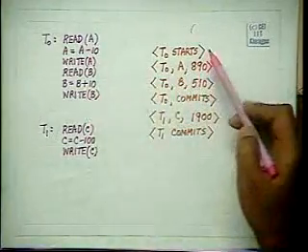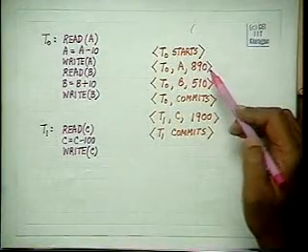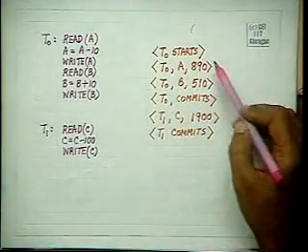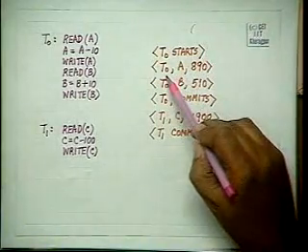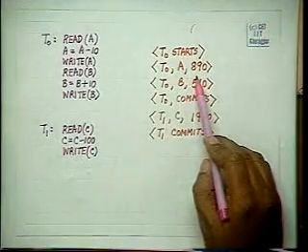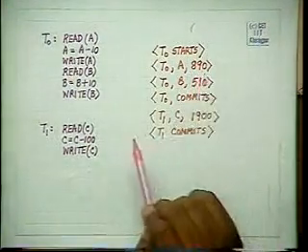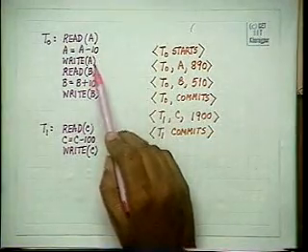So here initially let us say A is 900 and B is 500, then we will have T0 starts, T0 makes A from 900 to 890, and we will remember only 890. This is due to this write.